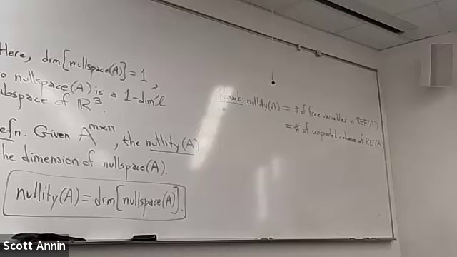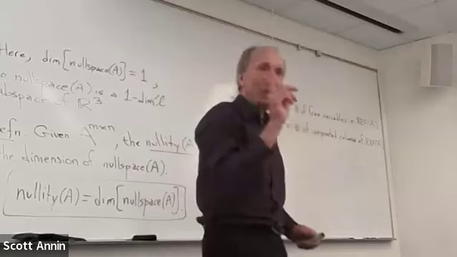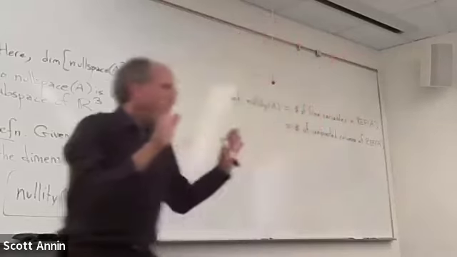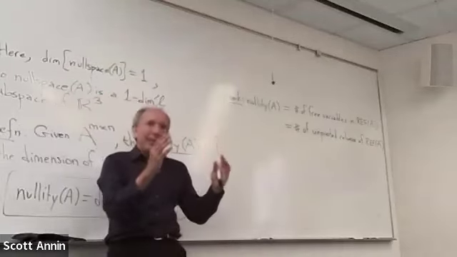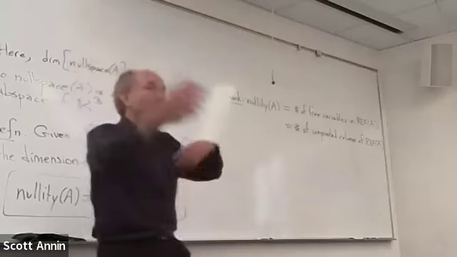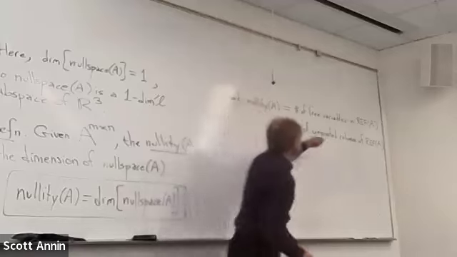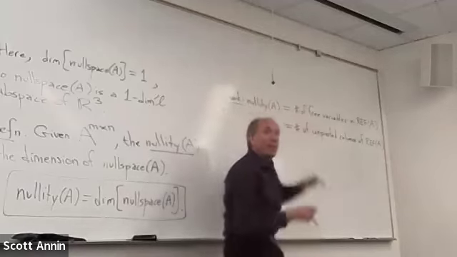Okay, are you ready for the absolute easiest theorem in all of linear algebra? I'm going to give it to you right now. This is the easiest theorem in the entire world to understand. Would you agree that every column of your matrix is either pivoted or not pivoted? The unpivoted ones are lined up with the nullity of the matrix.